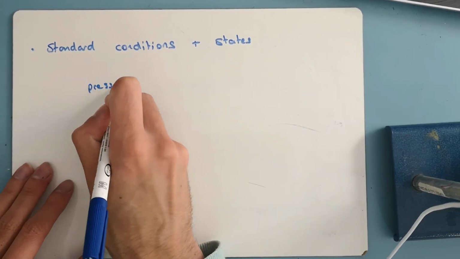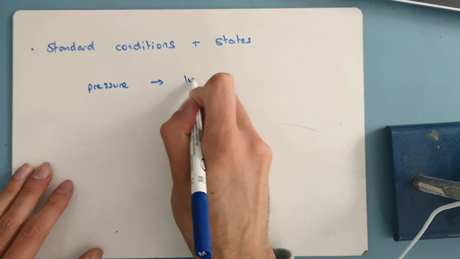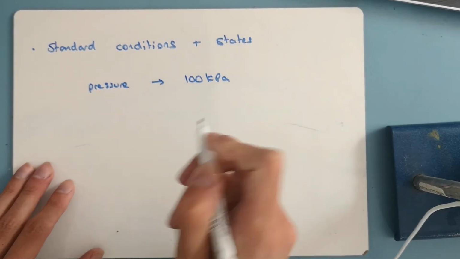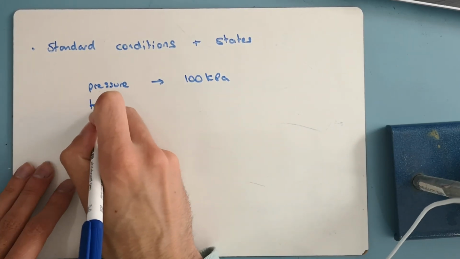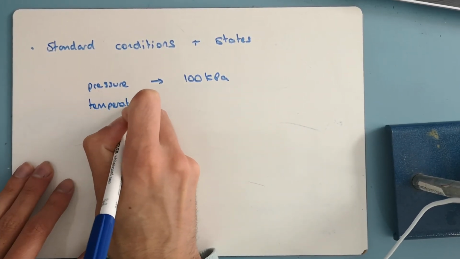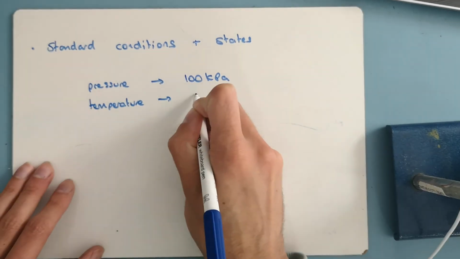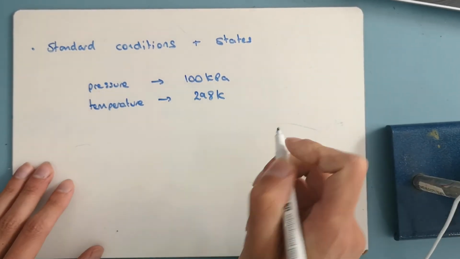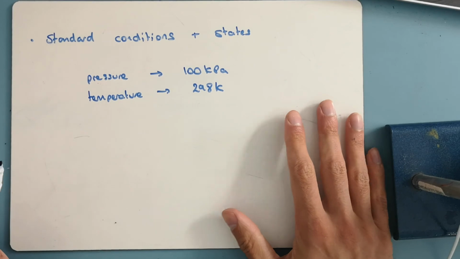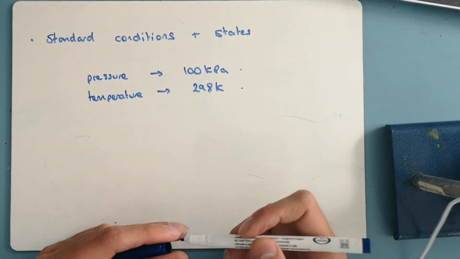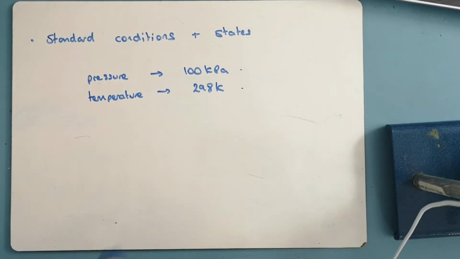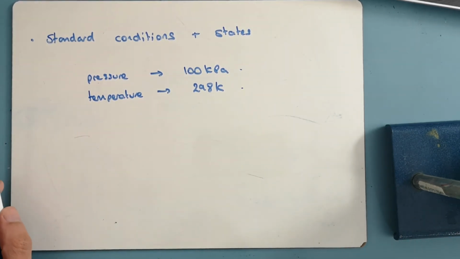We have pressure. Standard is 100 kilopascals, or 100,000 pascals, and temperature is 298 Kelvin. So in the next few videos when we do calculations and it talks about standard conditions, these are our standard conditions. So that's our first little introduction into enthalpy changes.